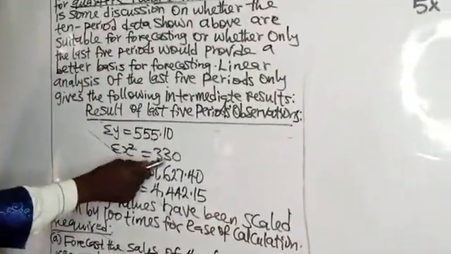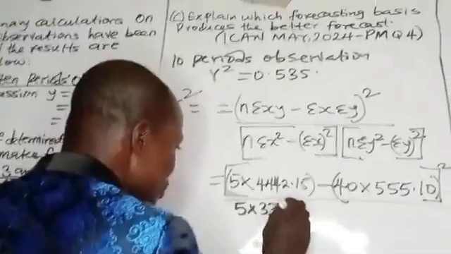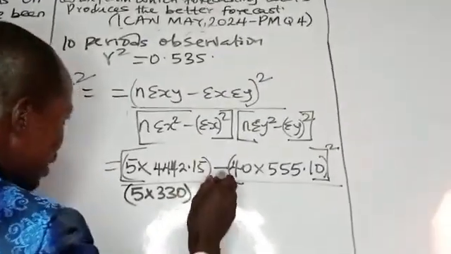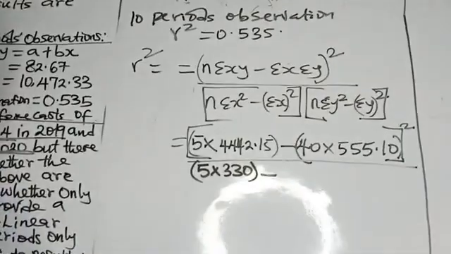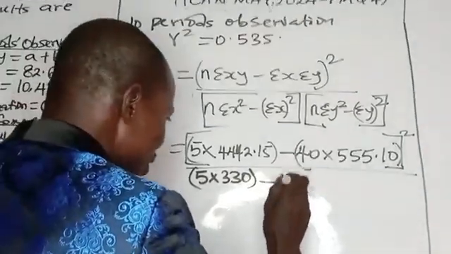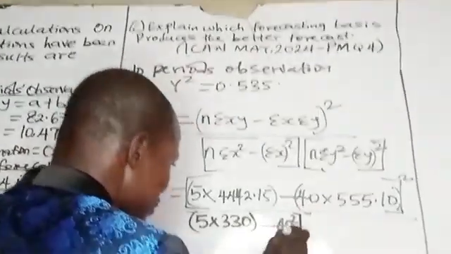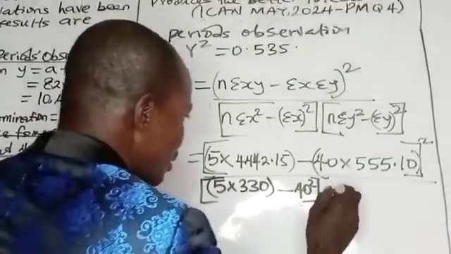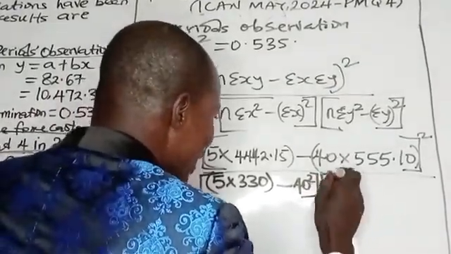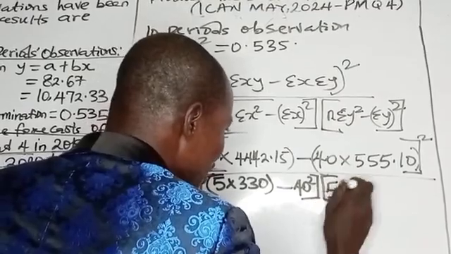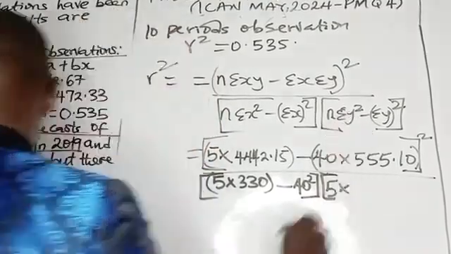Summation x squared is 330, minus summation x, x is 40, so we have 40 squared, and n remains 5, times summation y squared.